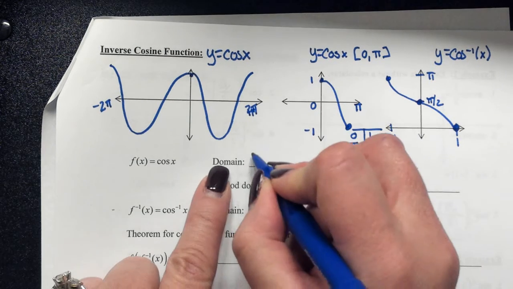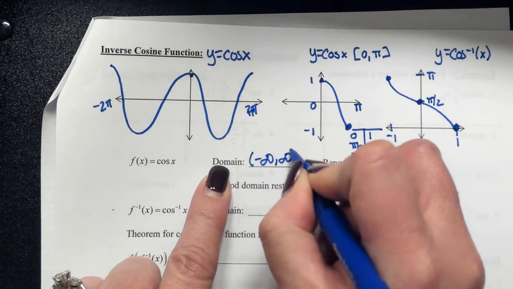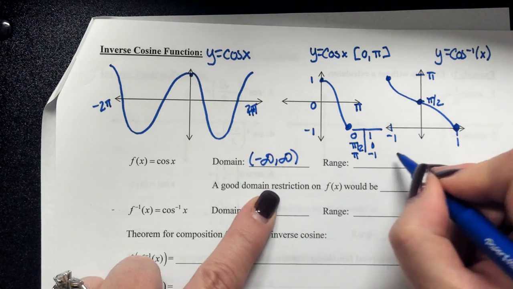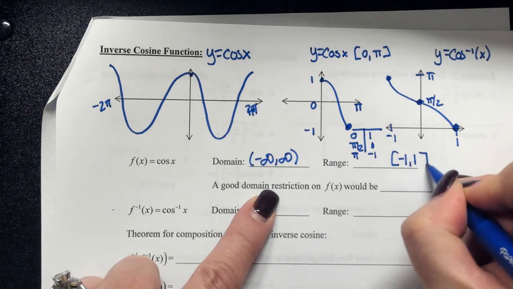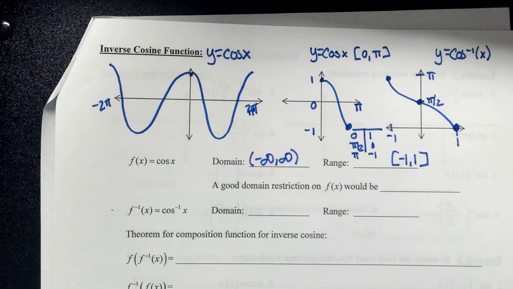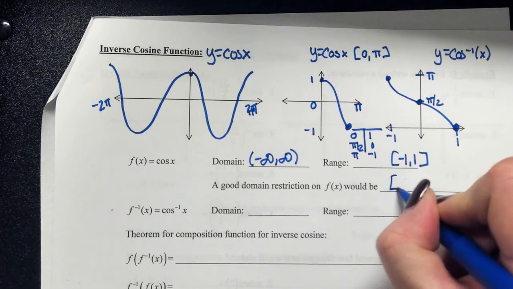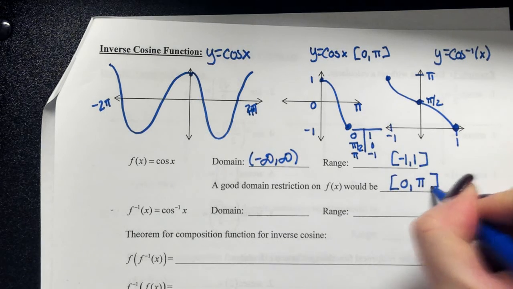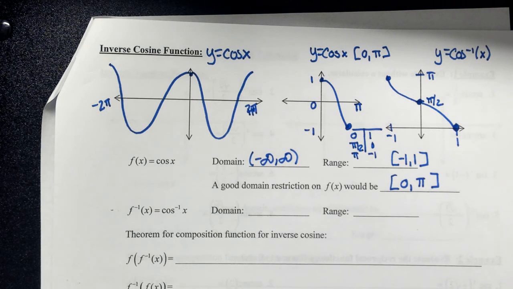So for cosine x, remember the domain is all real numbers. The range went from negative 1 to 1. As I showed you, the cosine of x is not a one-to-one function. So I'm going to restrict the domain to go from 0 to pi to force it to be one-to-one.